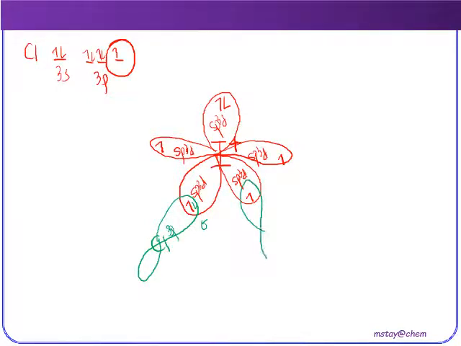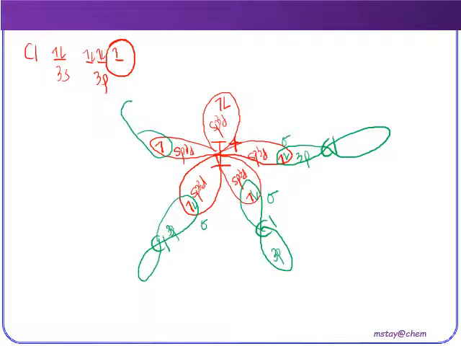Over here the same case happens: chlorine 3p, 1 single electron, sigma. Over here also the same, 1 electron, 3p chlorine. Okay, sorry. Dumbbell shape, 1 electron, sigma, chlorine 3p.